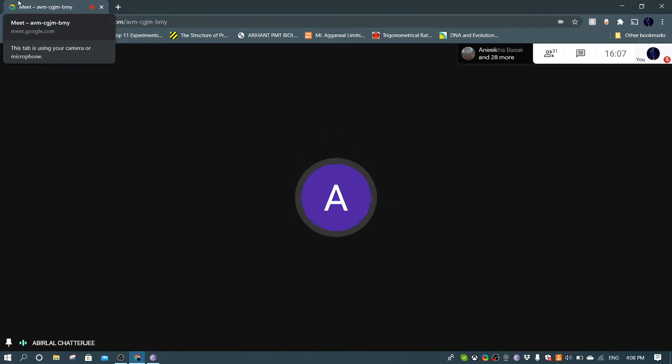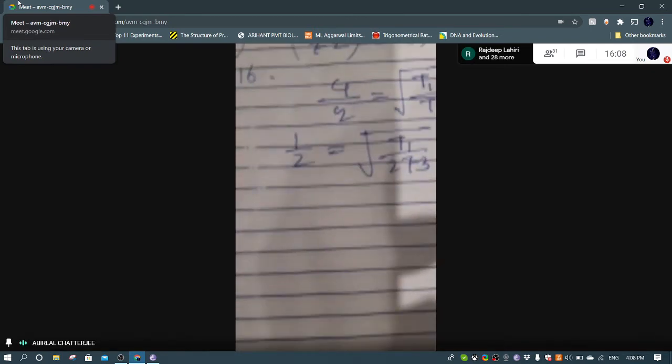Now, first one, we have to know the indicator diagram. Anyone having any idea? Sir, pressure on the y-axis and volume on the x-axis. Very good. A diagram that shows the variation of pressure and volume of a gas. So the indicator diagram, the PV graph, is the most important part.